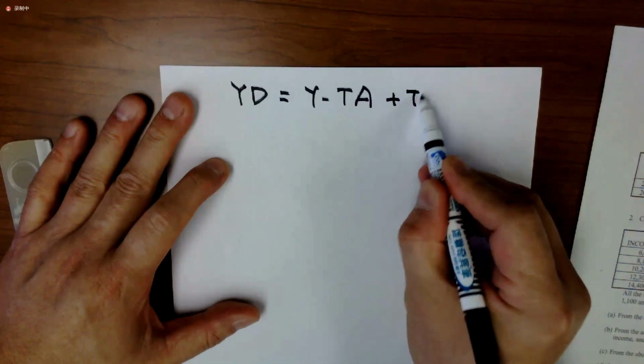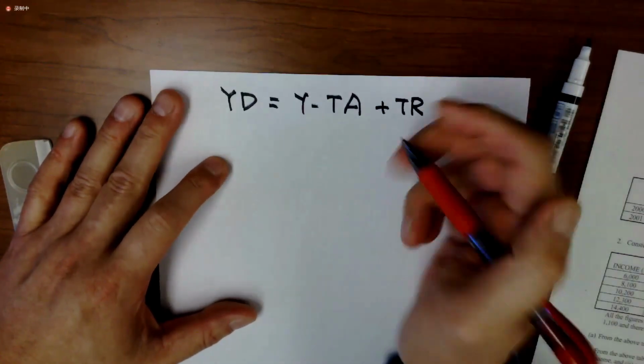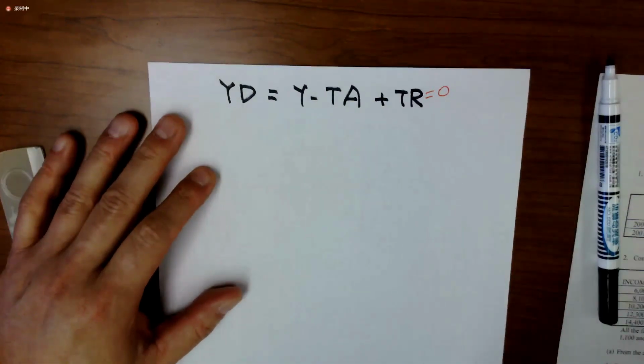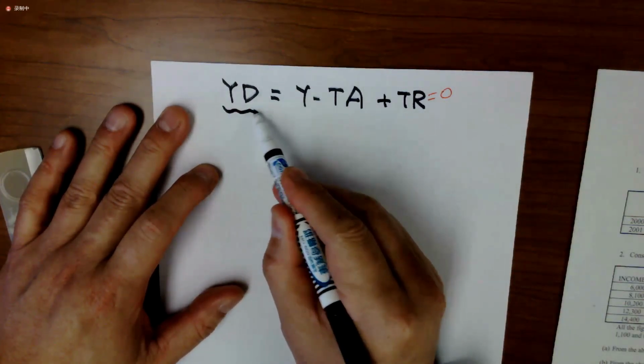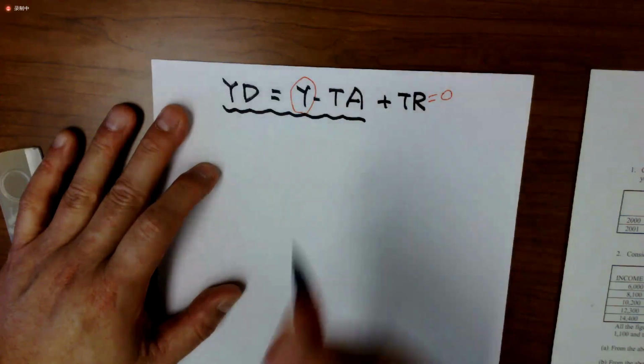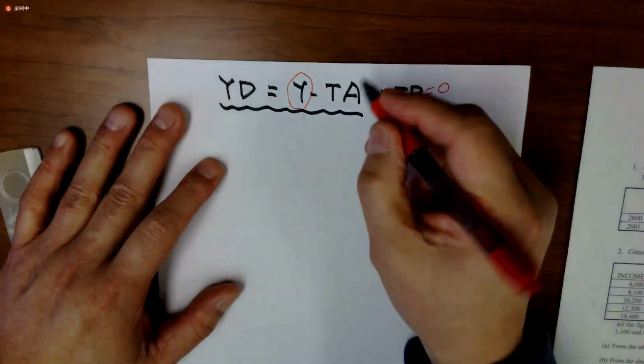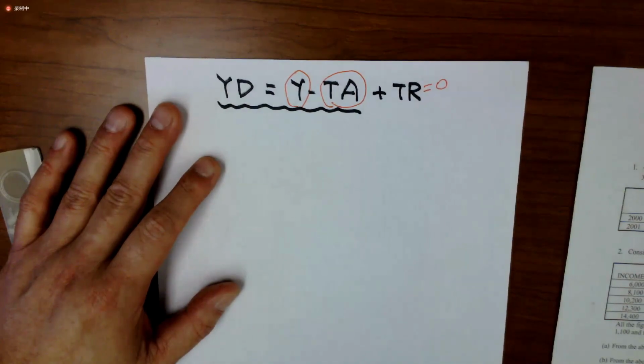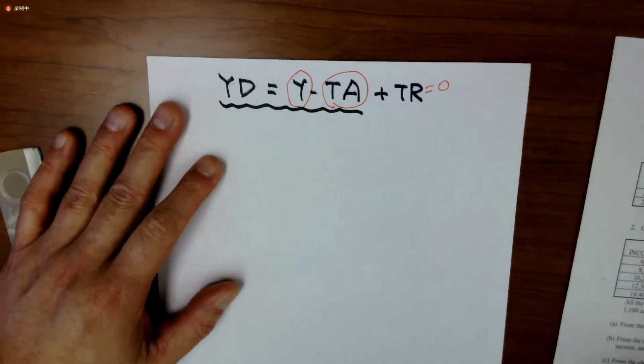Your transfer payment here is going to be equal to 0. So if you take the difference of the first column, which is the income, and the second column, which are the taxes, then you get the third column.